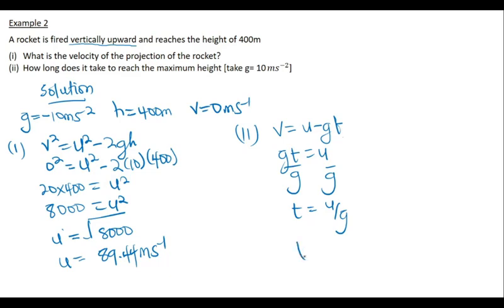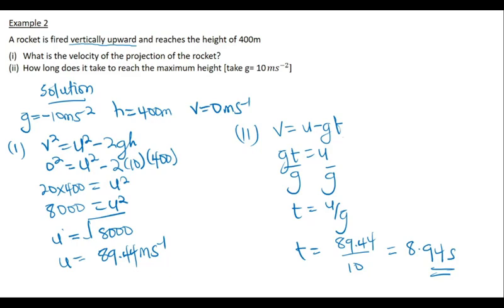All right, so our time taken to reach the maximum height is now 89.44 divided by 10. Okay, so 89.44 divided by 10, that is the gravity, will give us a time of 8.94 seconds. So it means the time it took the rocket to reach the maximum height is 8.94 seconds.